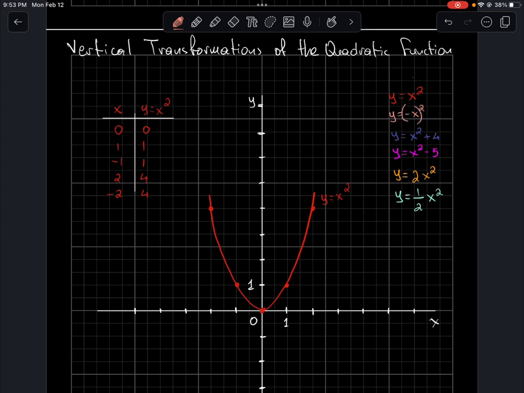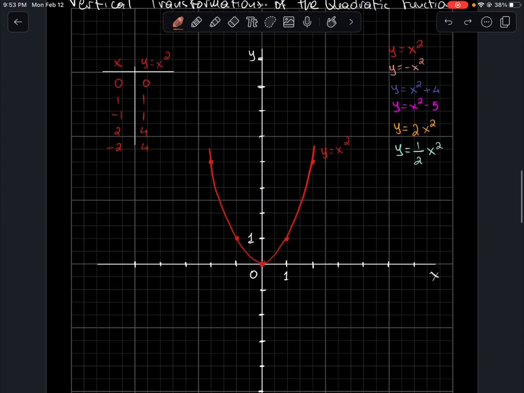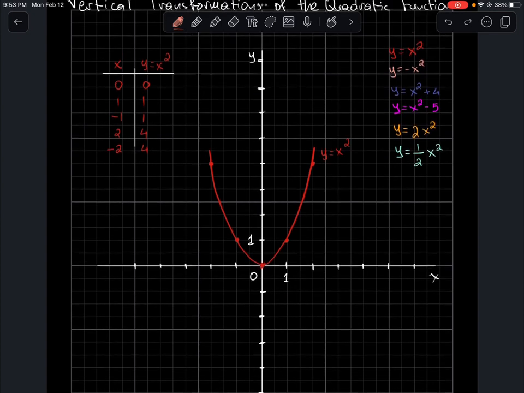That means it's not an x transformation. It's not a horizontal transformation. What it does is it takes the parent function and flips it, and that gives you a new height, meaning it's a y transformation. It's going to do a vertical flip. It's not going to be a horizontal, it's going to be a vertical flip.